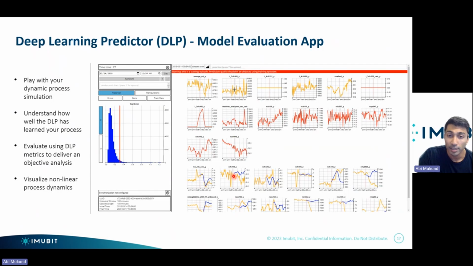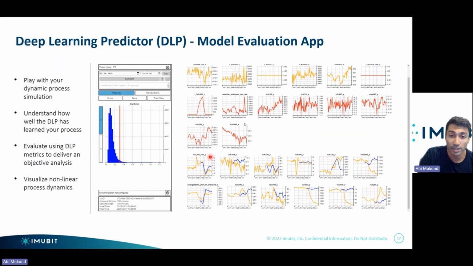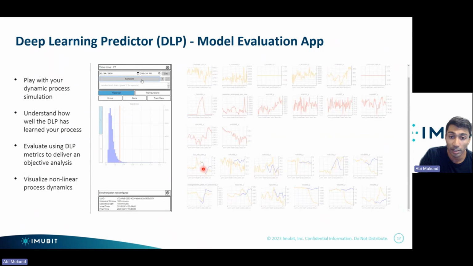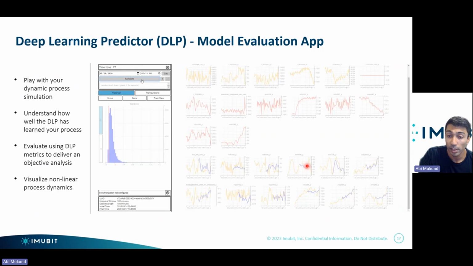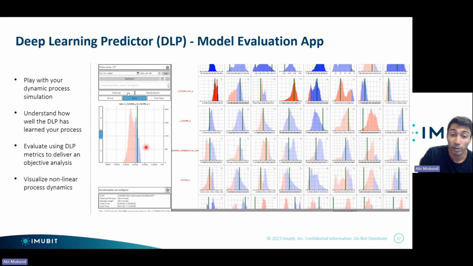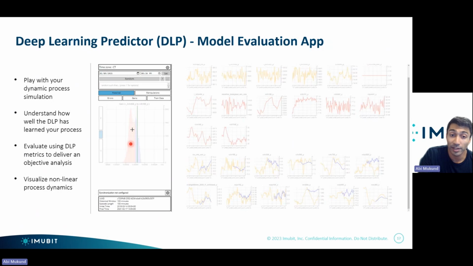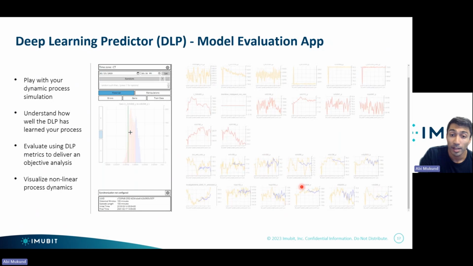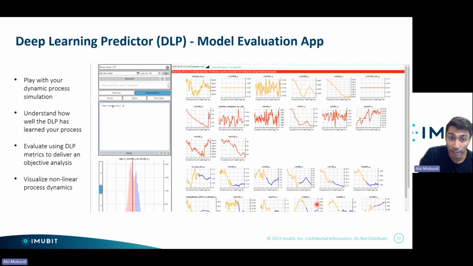So what we're looking at is a view of a single moment in time, a single window. Here, the blue are the neural network dynamic predictions on top of the yellow historical dependent variable movement. You can also see that our models learn a gain distribution between each independent and dependent variable. You can double click on one of these gain distributions and dive deeper and learn the exact time that the model learned that steady state gain.